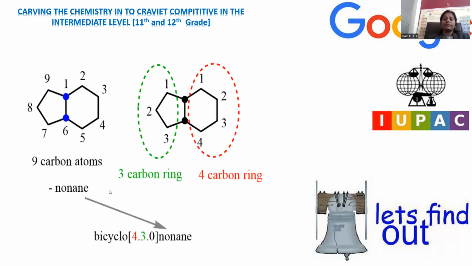Let's go further. How can we give the name for this one? In order to name this one, on one side you can find 4 carbon atoms after the fused carbons, and on another side 3 carbons are located. So 9 carbons are already known to you. Among the 9 carbons, 2 carbons are fused. Fused means they are part of the 6-membered ring and part of the 5-membered ring as well, right?